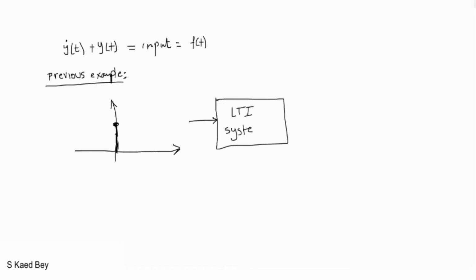Now we have the unit impulse response of our system. Could we find the corresponding output for any given input using convolution?